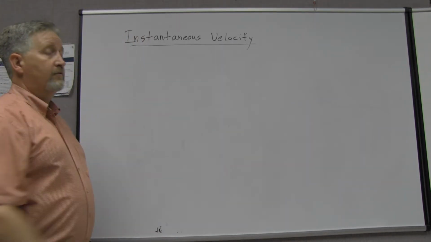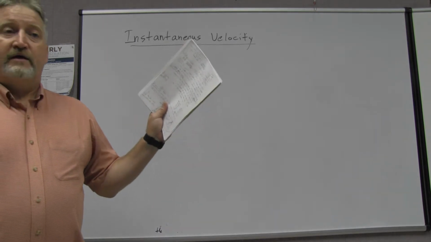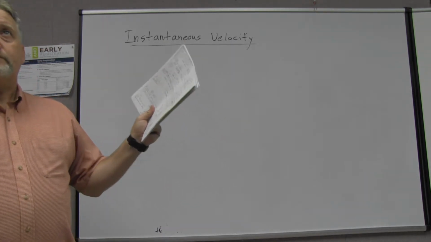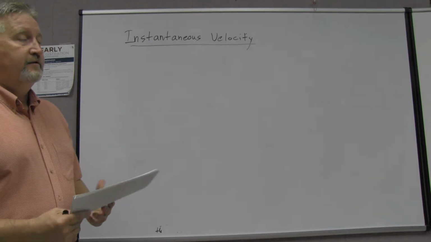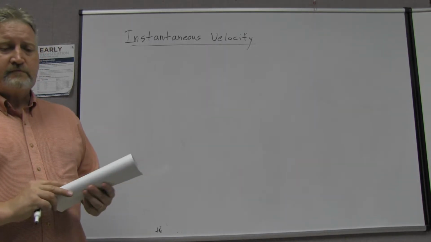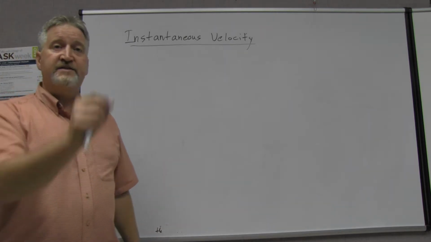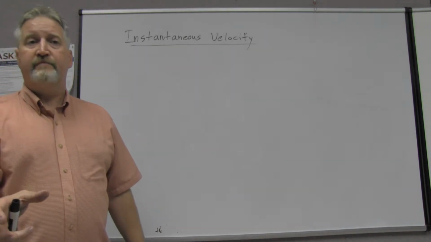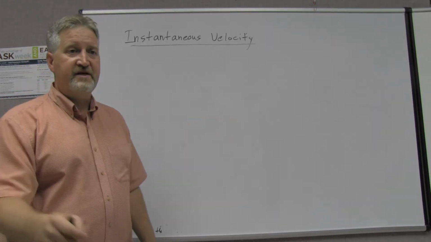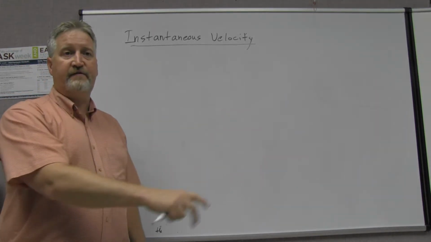What we're looking at here is, if we know something about, say, the distance formula, is there a way I can compute the instantaneous velocity at any particular time, at 1 second or 2 seconds or 2.5 seconds?